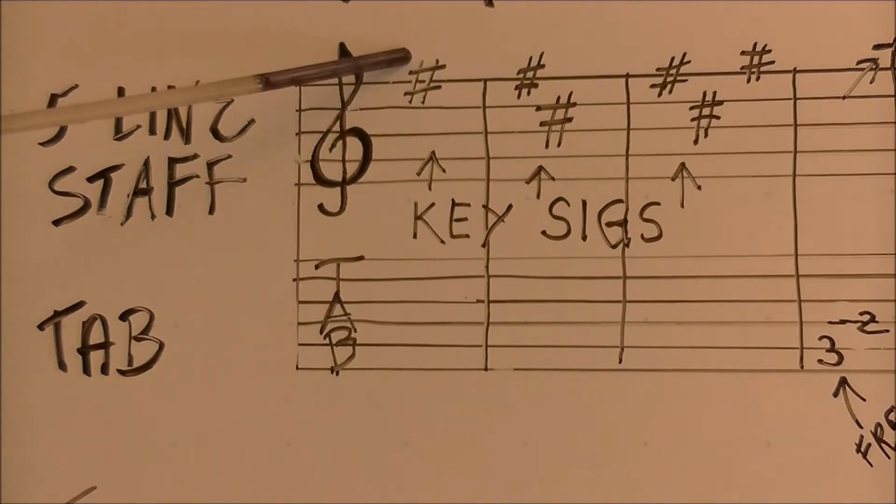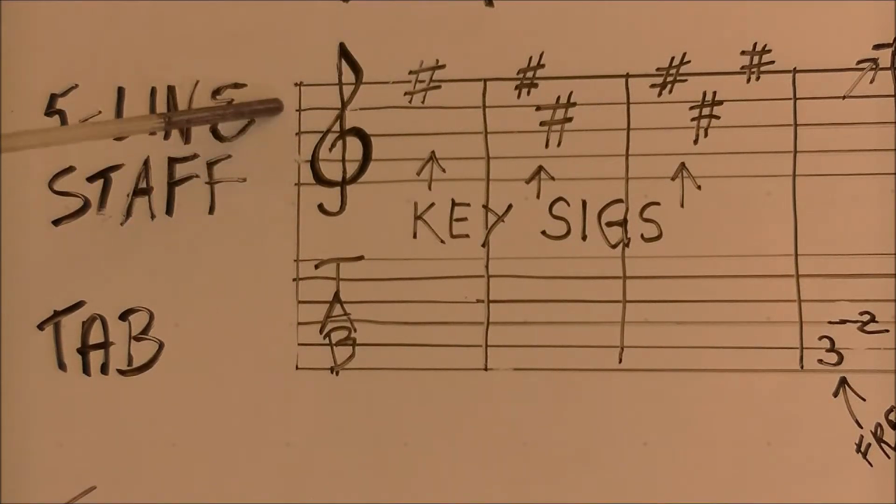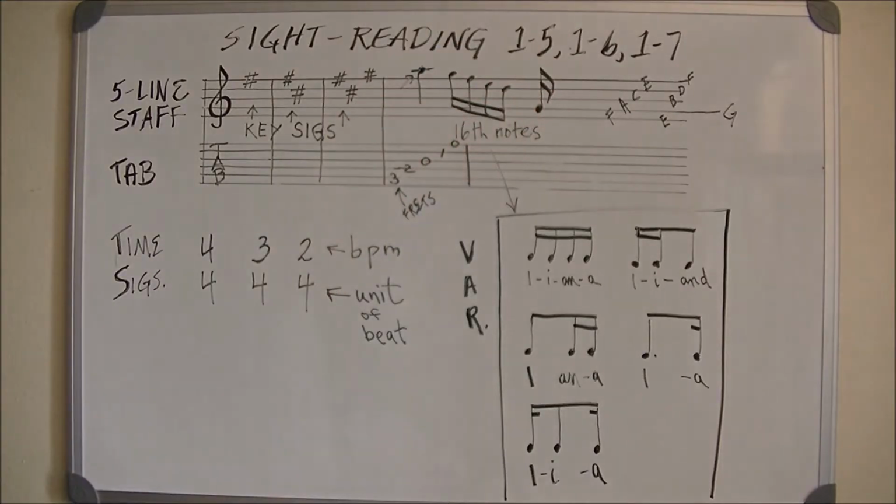Notice that the major key that we're in with one sharp is G, and this is an F sharp. Every good boy does fine, or every good bird does fly. F sharp. That F is raised 1 fret on your guitar or 1 key on your piano from a white key F to a black key.